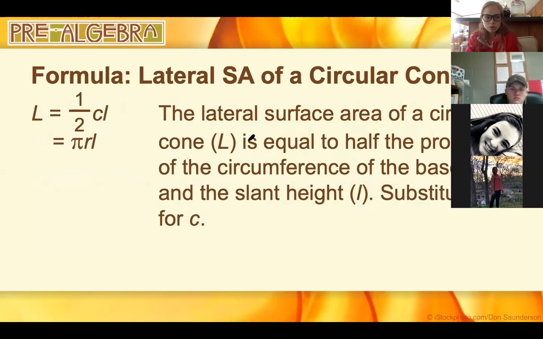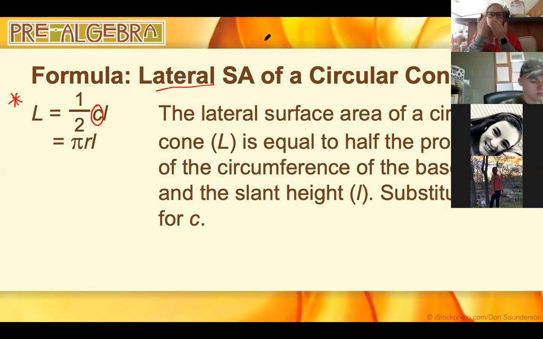So here's the formula for the lateral surface area of a cone. You'll need to know this. What's the only difference? Instead of finding the perimeter of the base, we're looking for the circumference of the base because it's a circle. Once we have found that lateral surface area, so think about a snow cone, the container there, all right?